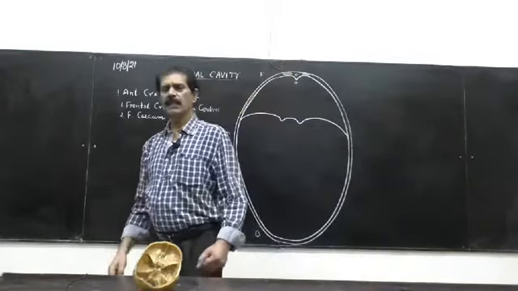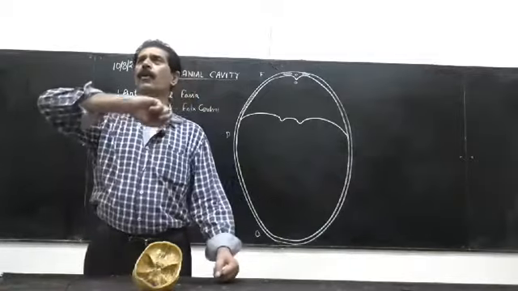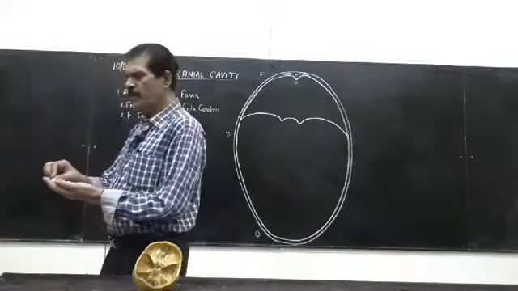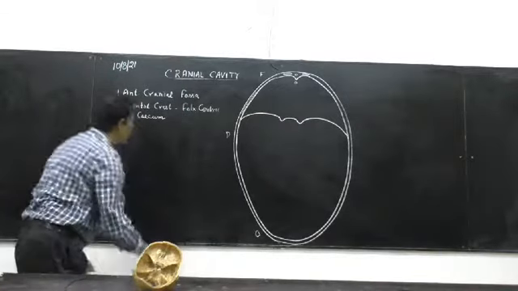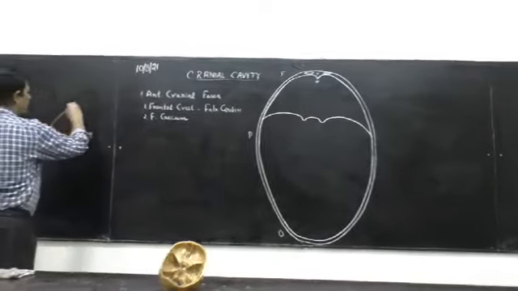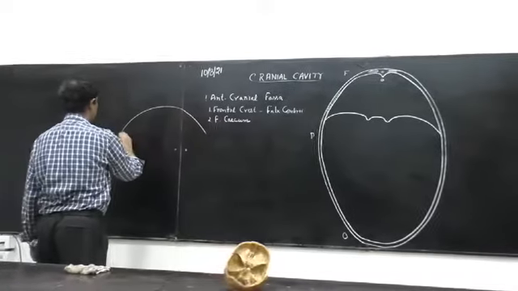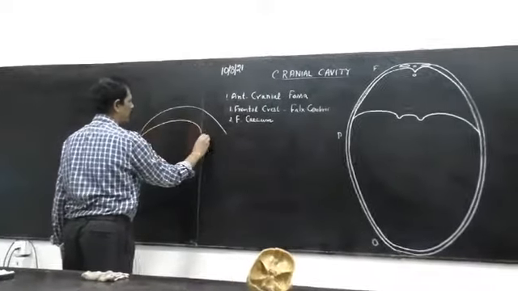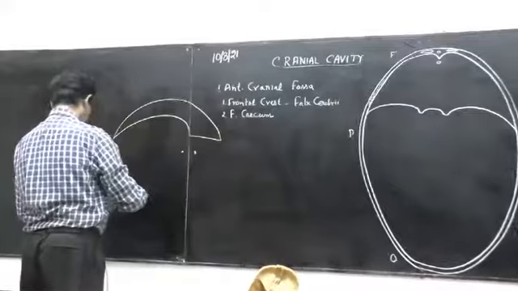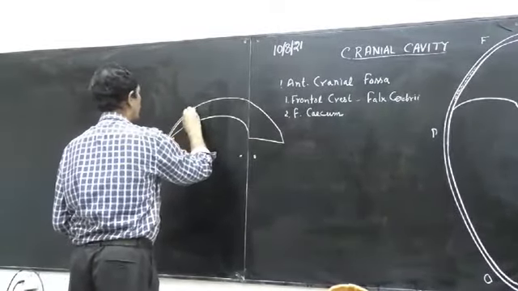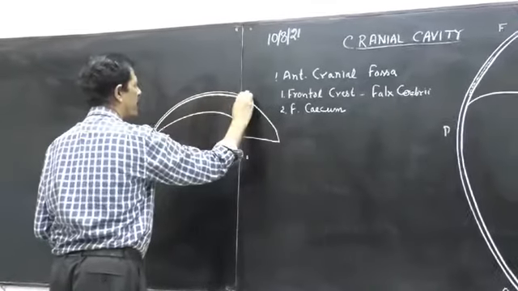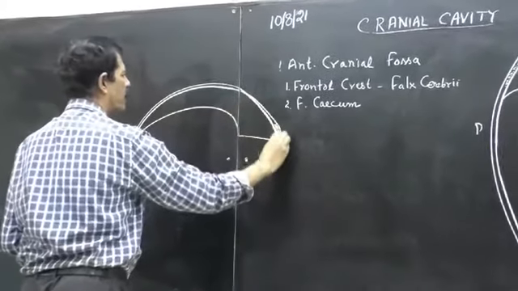So the superior sagittal sinus is present in the upper border of the falx cerebri, which is the fold of the dura mater. The falx cerebri is the double fold of the dura mater, and between the endosteal and the dural layers here lies a sinus which is called the superior sagittal sinus.